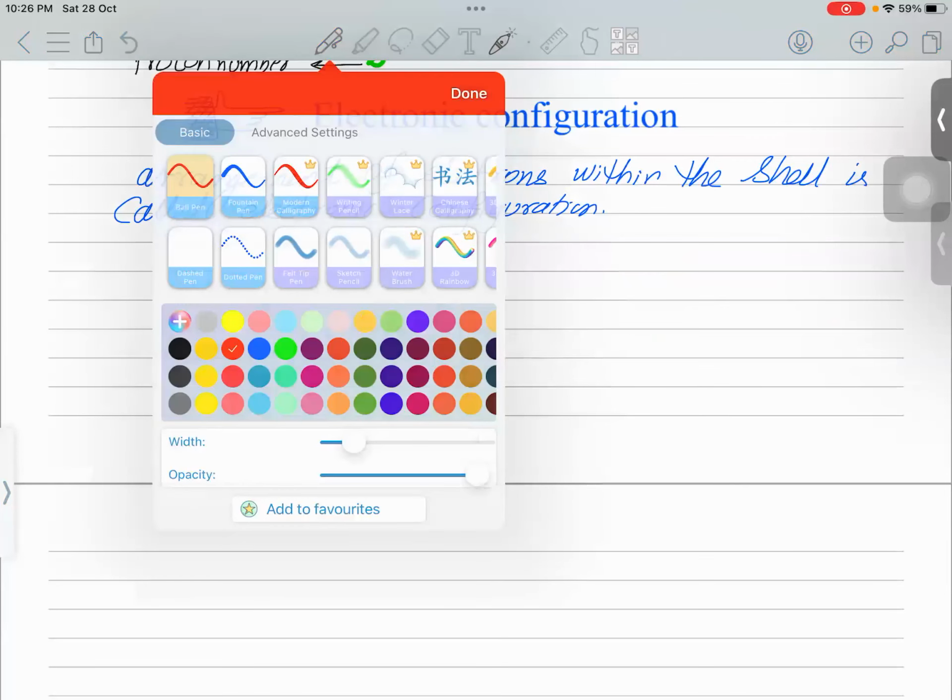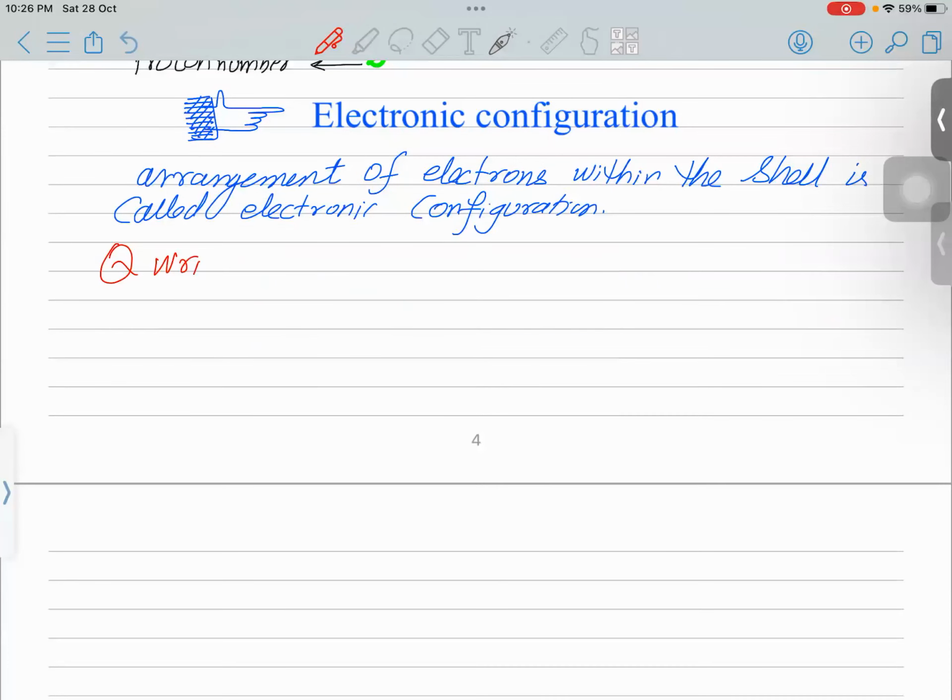Question: write the electronic configuration of the following.